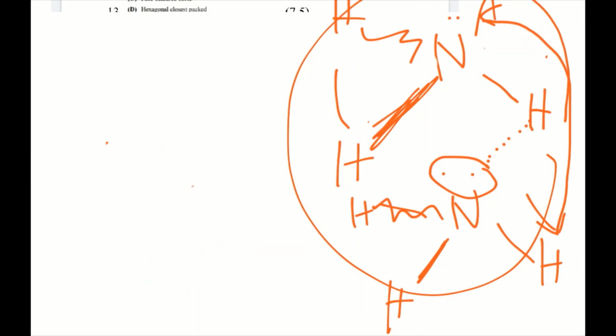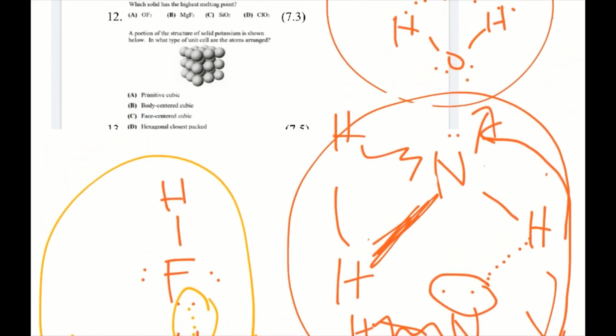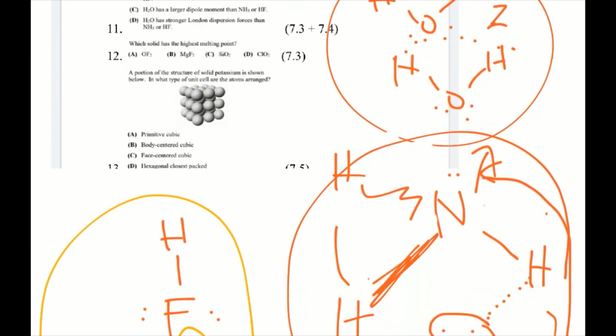For every 2 atoms of HF, we can only form 1 hydrogen bond, and they have to be orientated in the right position. So let me draw it in the right position. They have to be next to each other, of course, like that, with the lone pairs. So this would be an H bond, and there would only be 1 of them. So 1 H bond per 2 atoms. So which one can form the most H bonds?